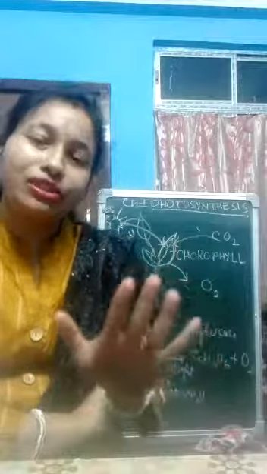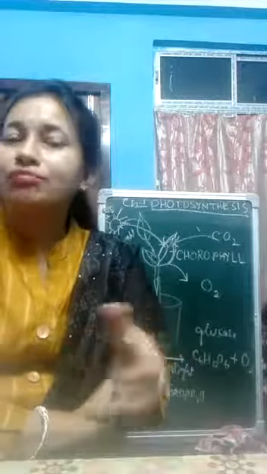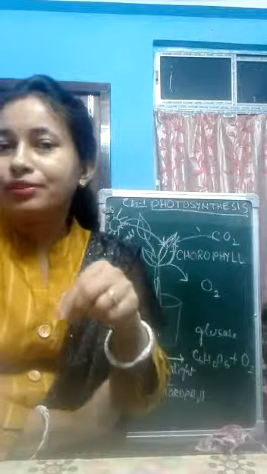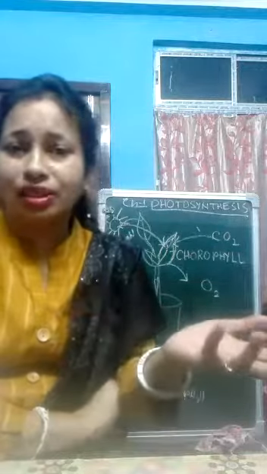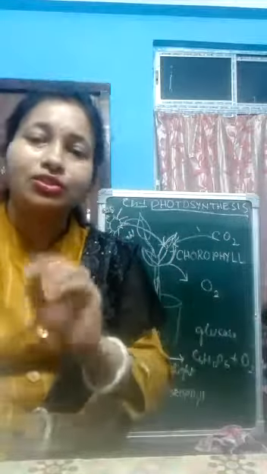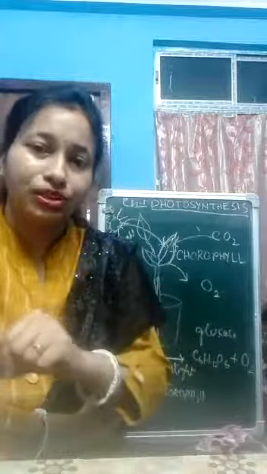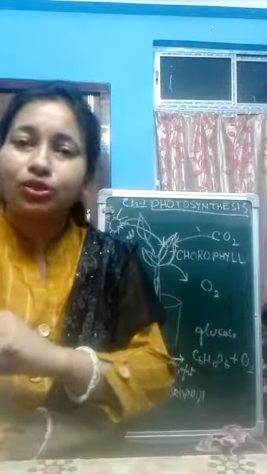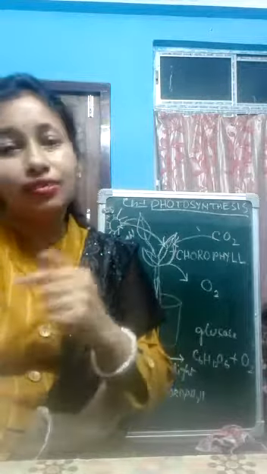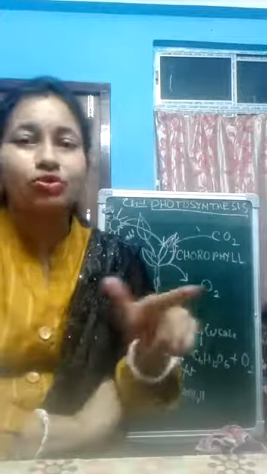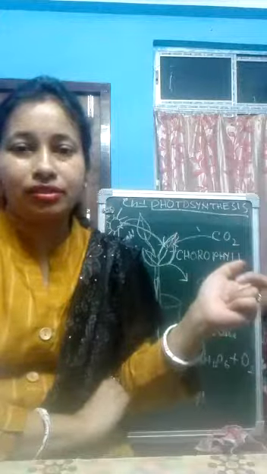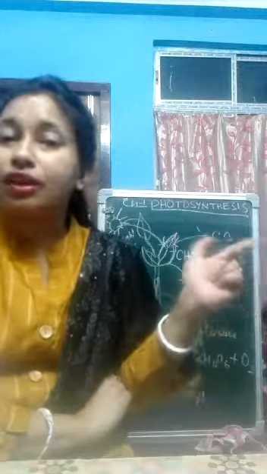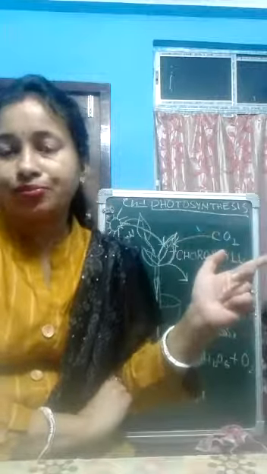The kind of nutrition in which the organism makes its own food by taking simple substances from its surroundings. On the other hand, heterotrophic nutrition is if the organism cannot make its own food and takes from others. That is called heterotrophic nutrition.